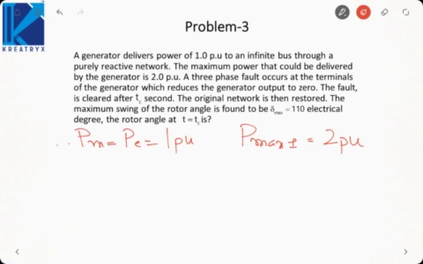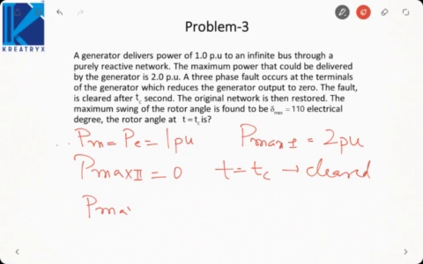A three-phase fault occurs at the terminals of the generator, which reduces the generator output to 0. If the generator output becomes 0, then P max 2 is 0. The fault is cleared after Tc seconds, so T is equal to Tc when the fault is cleared. The original network is then restored, which means after the fault, conditions are the same as before the fault.